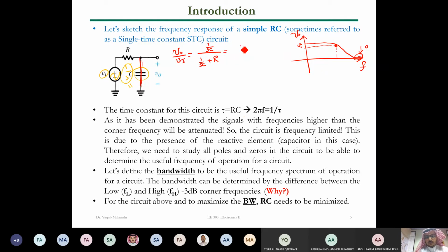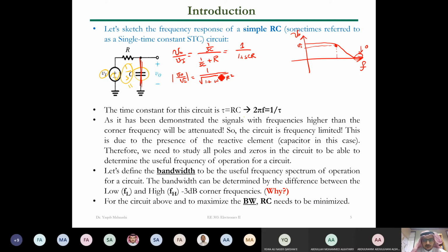If you do this, it will be 1 over 1 plus SCR, and to get the magnitude, the transfer function will be 1 over the square root of 1 plus omega squared C squared R squared.